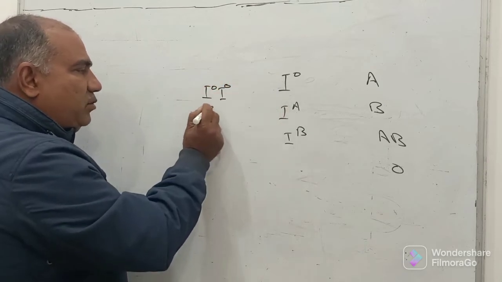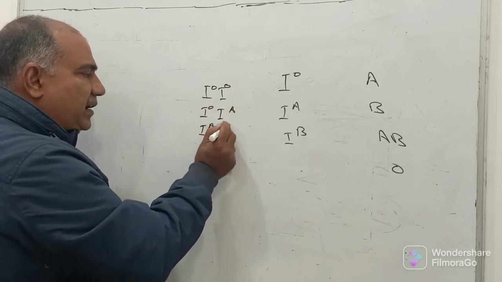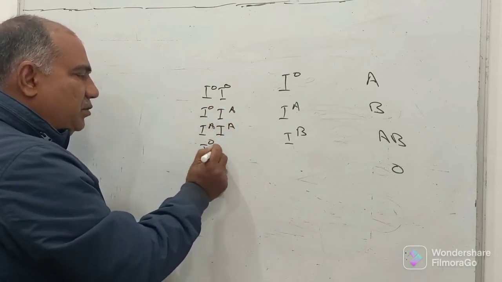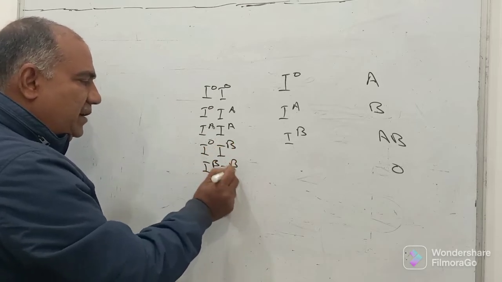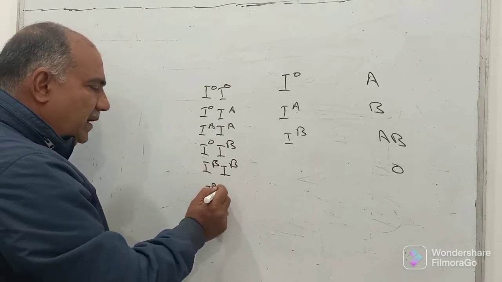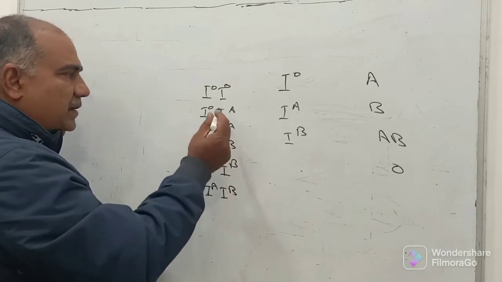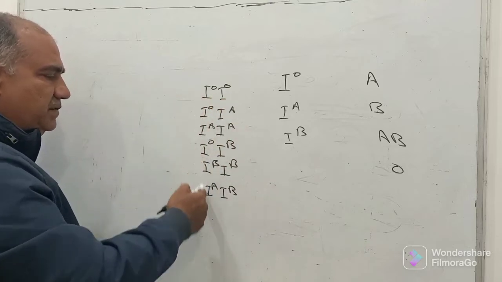Another could be IO and IA. Yet another could be IA and IA. Then IO and IB. Yet another could be IB and IB. And yet another one could be IA and IB. So these are the 6 combinations.